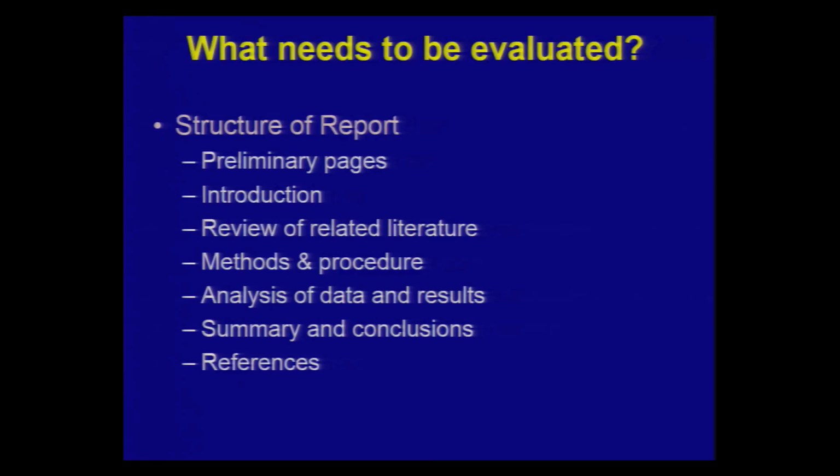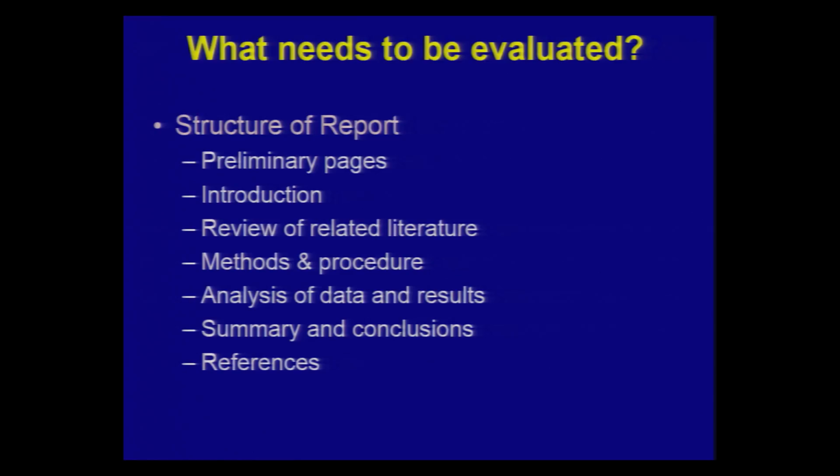The structure of research report consists of preliminary pages. It has first chapter as introduction. The second chapter in most of the research reports is on review of related literature. That is what has been done in the past.